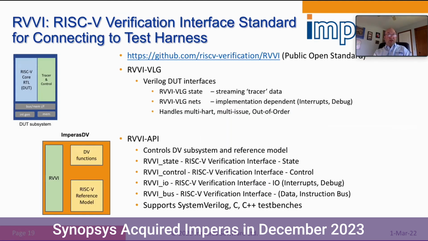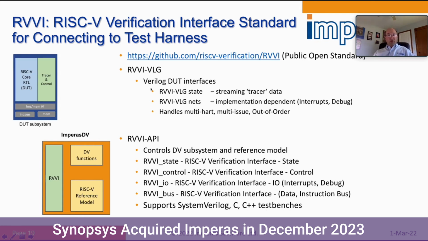So RVVI is the RISC-V verification interface standard for connecting to the test harness. We announced this earlier this week. It's available on GitHub as a public open standard. There are a couple of components that are available right now. There's more that's being added on to this.